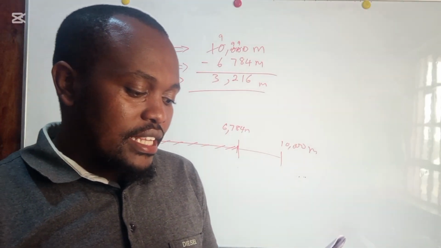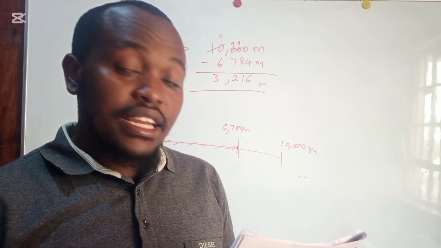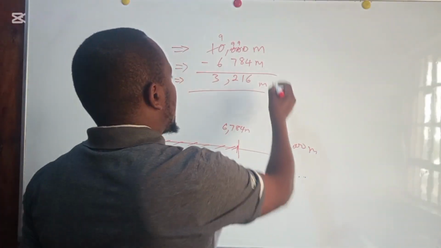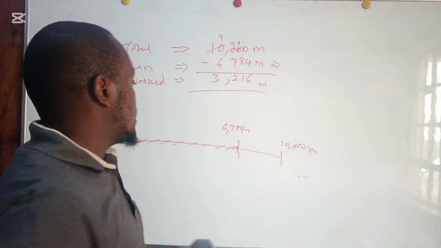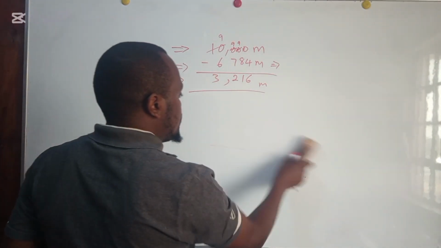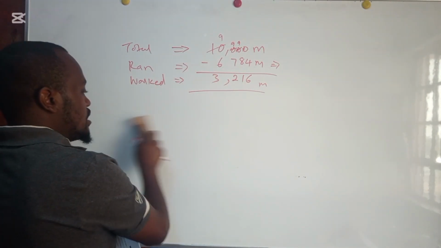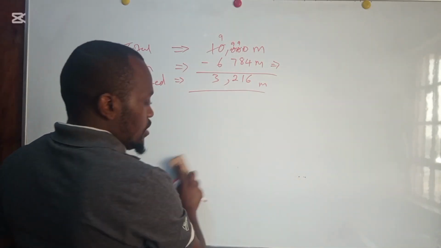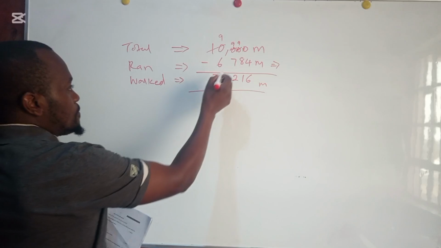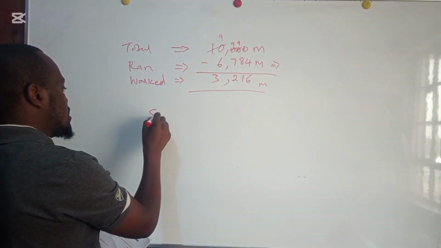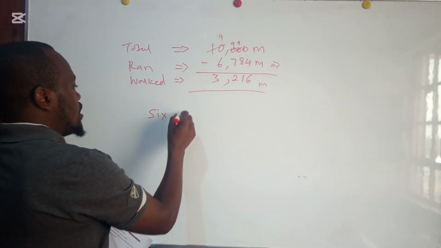Then you are told write the distance that Anita ran in words. So this one, write this in words. It is important to know how to write these figures both in words and in numerical form. So this one is 6,000. 6 is written like that. 1,000.